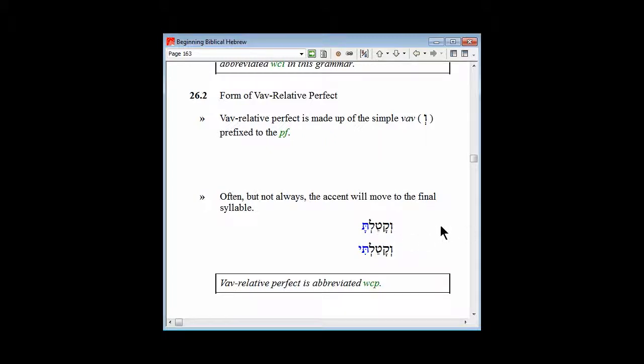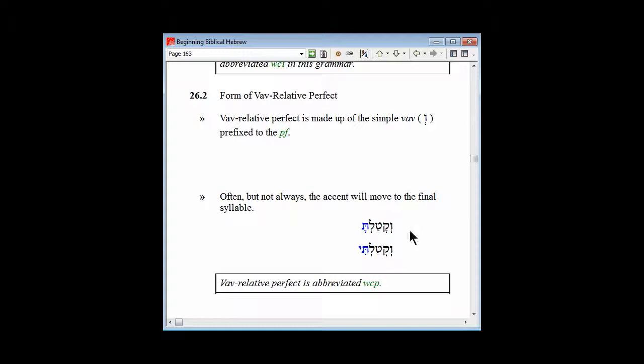So if I had yiktol, "he will kill," and then I have ve katalta, up until this point, you would translate "he will kill and you killed," because it's a perfect form with a vav. But now we're learning that certain verbs in sequence matter.